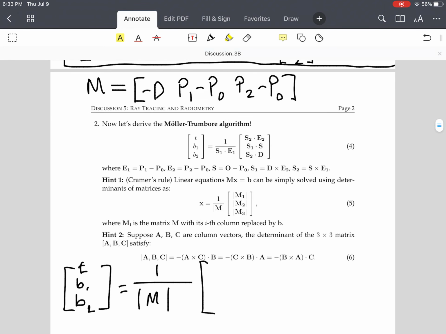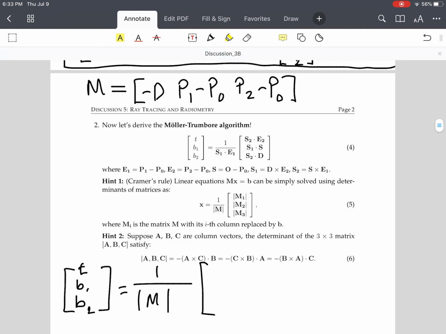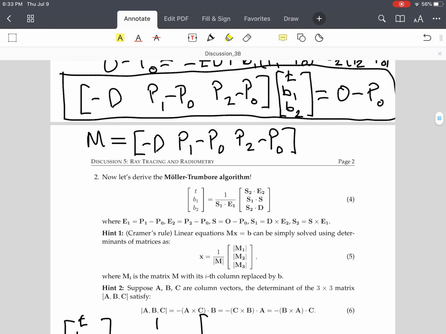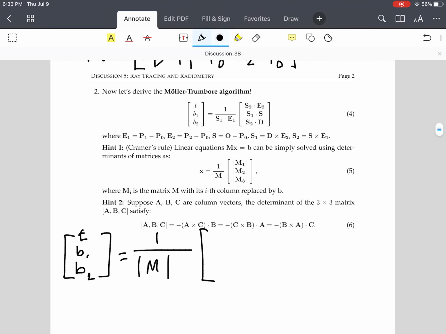So M1 means we're taking this first column, negative D, and replacing it with O minus P0. Okay, so that's going to be O minus P0, P1 minus P0, and P2. I don't know why I'm saying P-O, it should be P0, sorry. P0, and we want the determinant of that, okay?